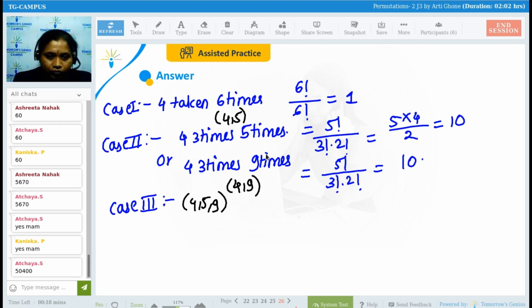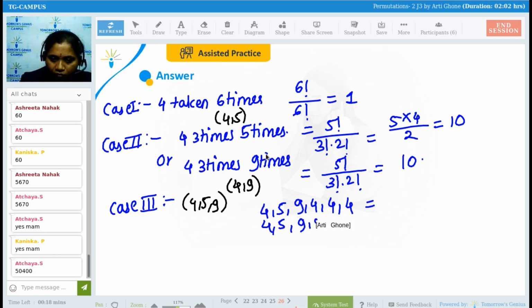Okay. So just write down this number 4 5 9 4 4 4. What is the permutation? Just check it. Next is 4 5 9 5 5 5. Then the third case is 4 5 and 4 times 9.